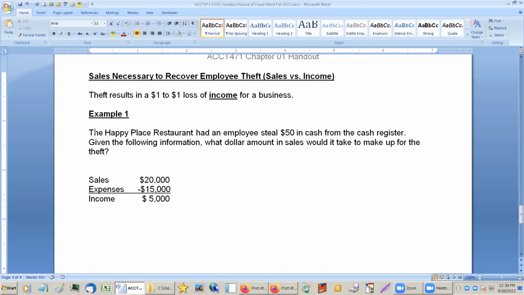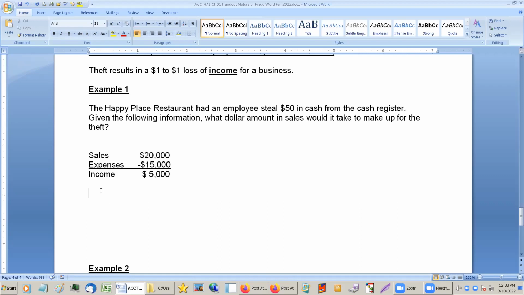Okay, so here we have the Happy Place restaurant. Employee steals $50 in cash from the cash register. Given the following information, what amount of sales would it take to make up for the theft? Okay, first thing you have to do is find the ratio of income to sales.